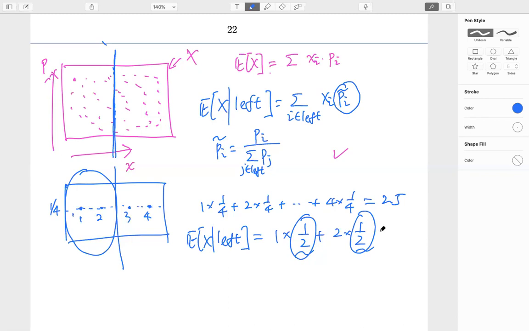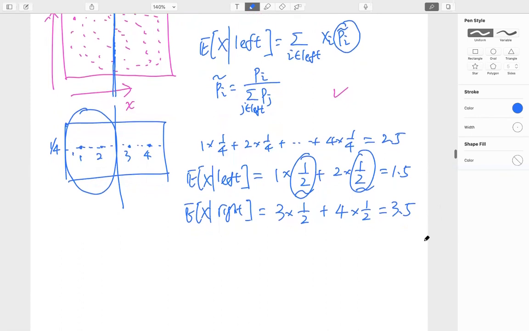So from here I get 1.5. For the same reason, I can do the right-hand side. I have 3 and 4, each with probability 1/2, so it's 3.5. My conditional expected value on the left-hand side is 1.5, and on the right-hand side is 3.5.